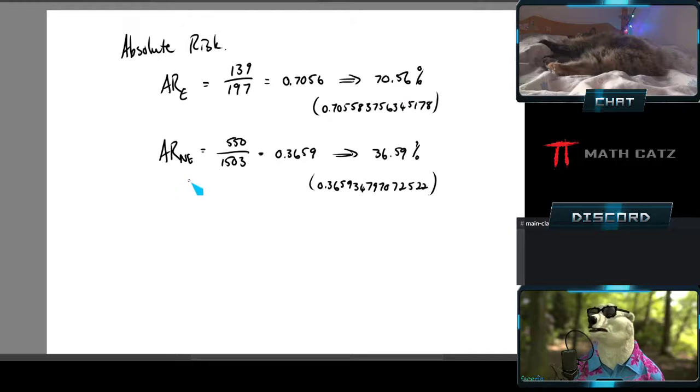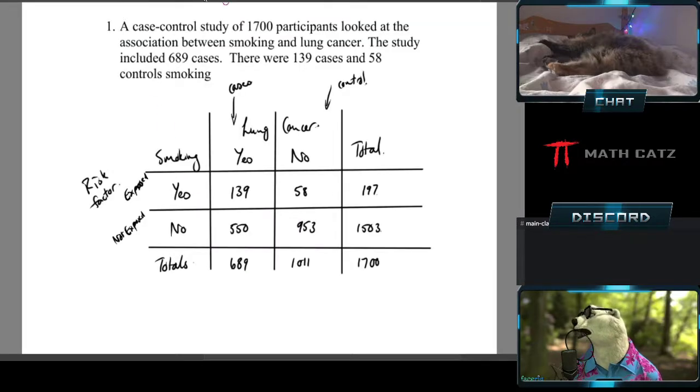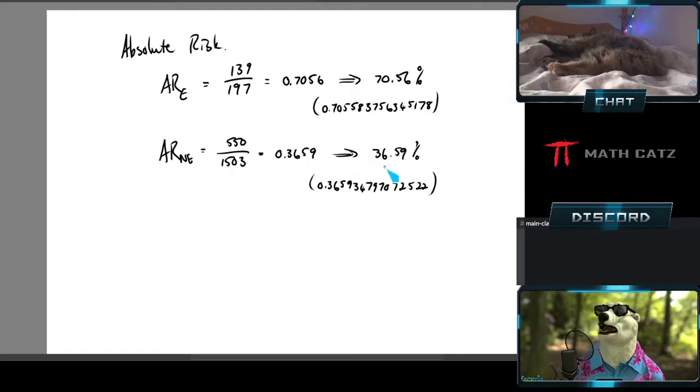If you do not smoke, then you're not exposed to smoking, and there is a 36-ish percent chance of getting lung cancer according to this information. So this definitely suggests that smoking is putting me at a greater risk.